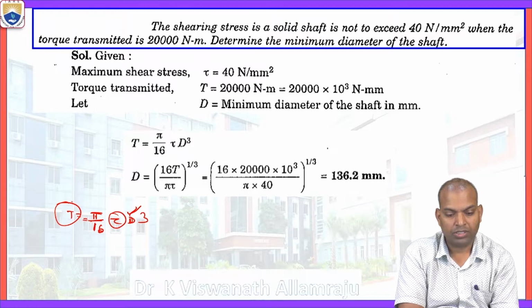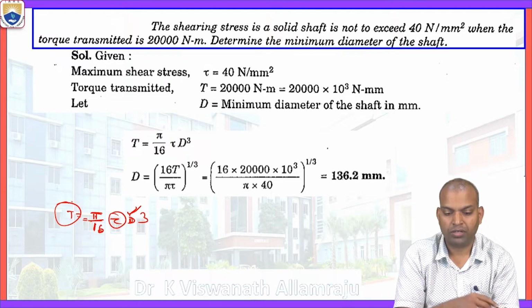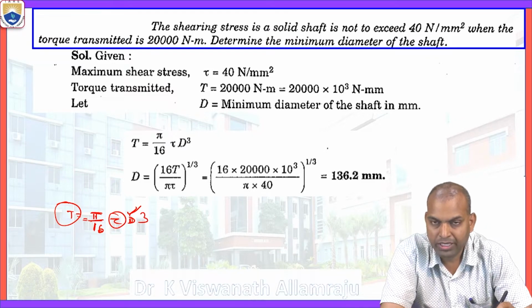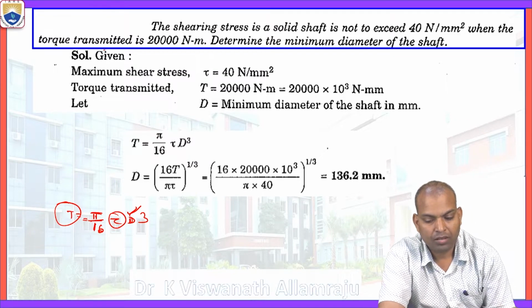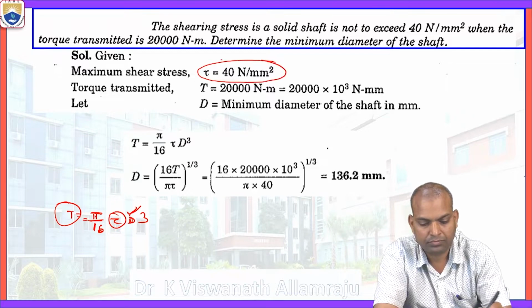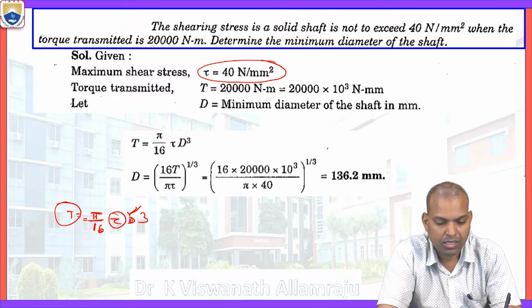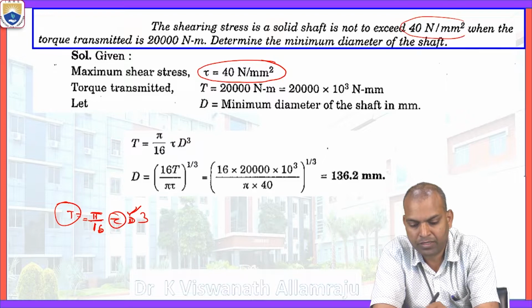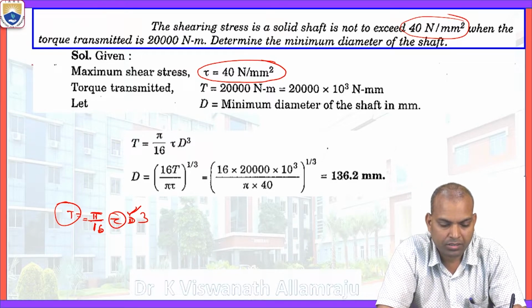Alright. Now the shear stress in a solid shaft is not to exceed 40 Newton per square millimeter, when the torque transmitted is 20,000 Newton meters.